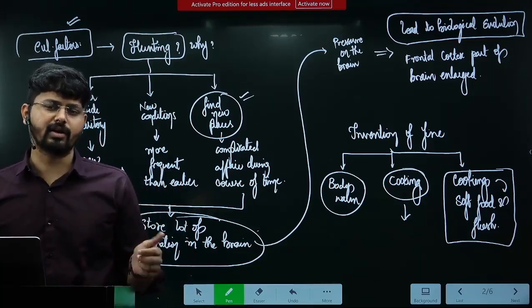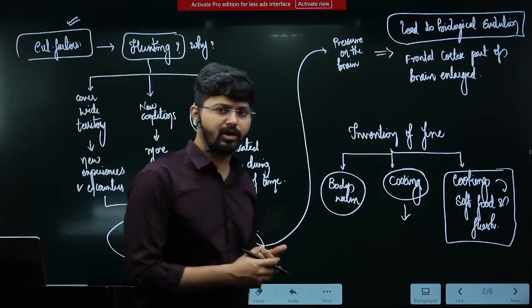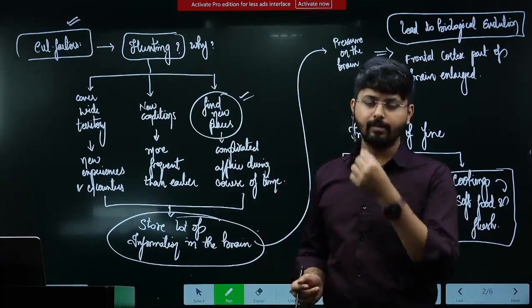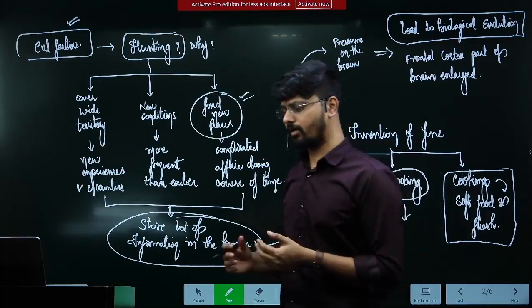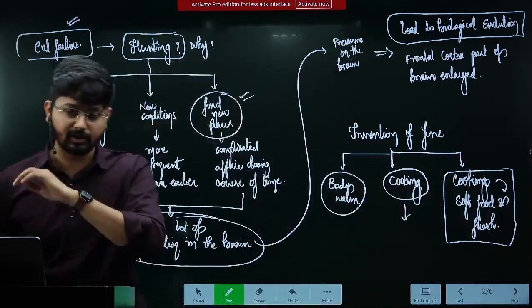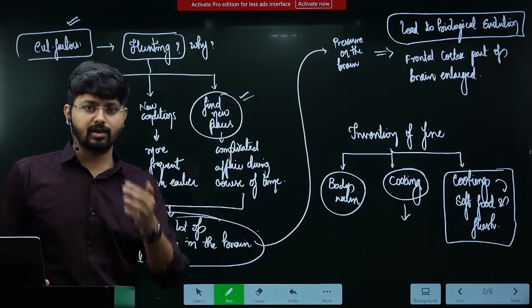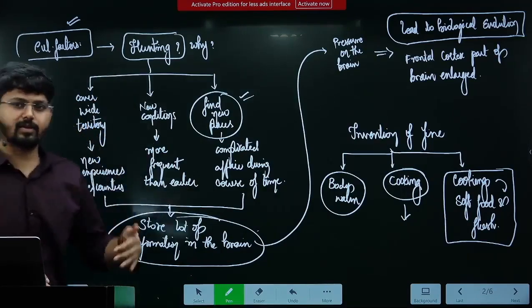They used to live on trees, and they used to live on whatever they get. They had plenty of food easily available. But with the change in climate and varying environment, this availability of food has changed, especially in the savanna region.